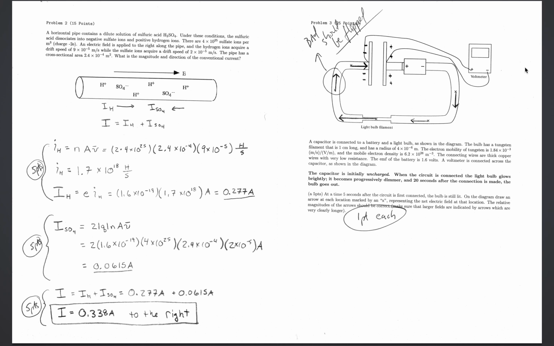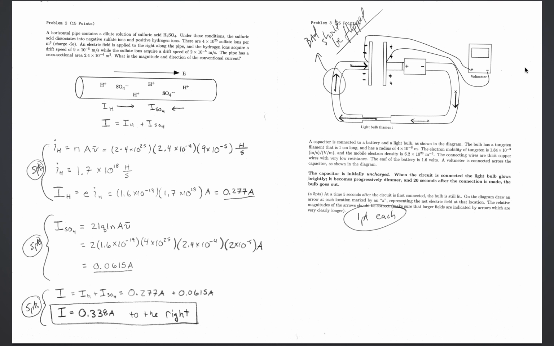So we know that the relationship of little i of H is equal to nAv, and for this you're just going to plug in the numbers that you already have, and that's going to get you a value of i_H equals 1.7 times 10 to the negative 8 per second, which relating little i back to big I, you just multiply little i by the charge e, which will get you a total of 0.277 amps. So now we have the big I for H.